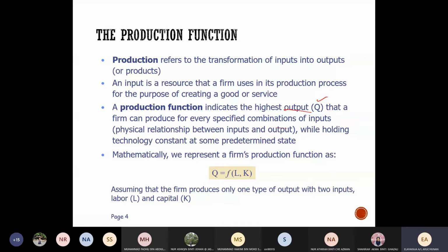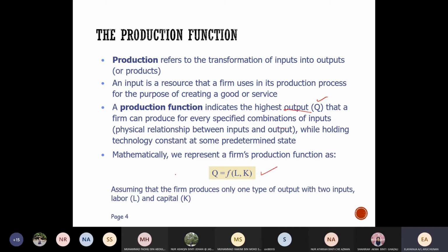What they are trying to say is that the production function will be a sort of equation, based on the relationship between input and output, with the presence of technology. Mathematically, we can represent the production function as follows.